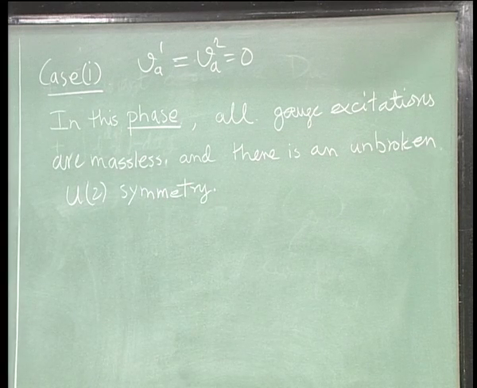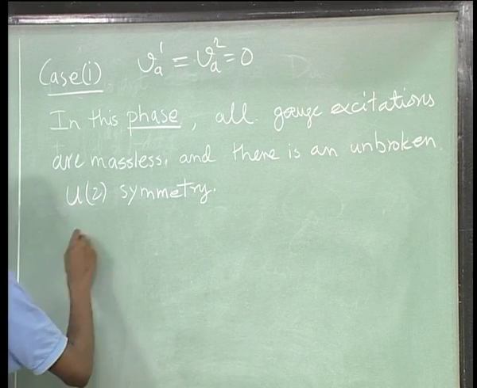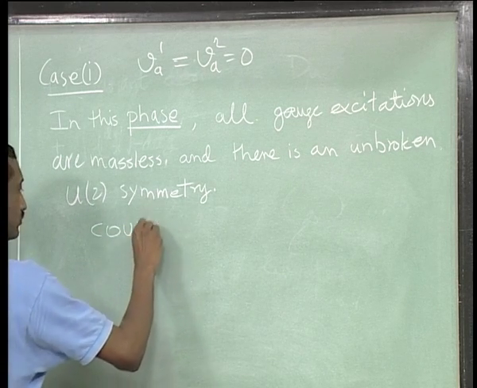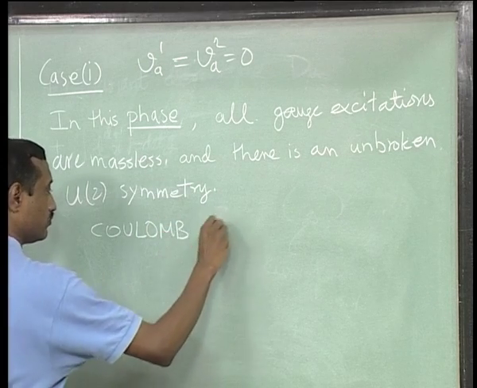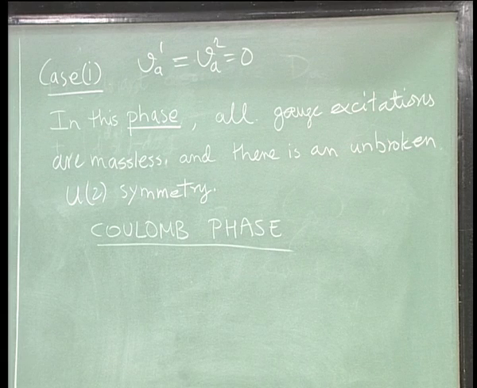Very easy to see. You work it out to quadratic order, and you can see that. So this is usually called the Coulomb phase. The nomenclature is as follows: a Coulomb phase is where the gauge fields are massless and they can propagate.